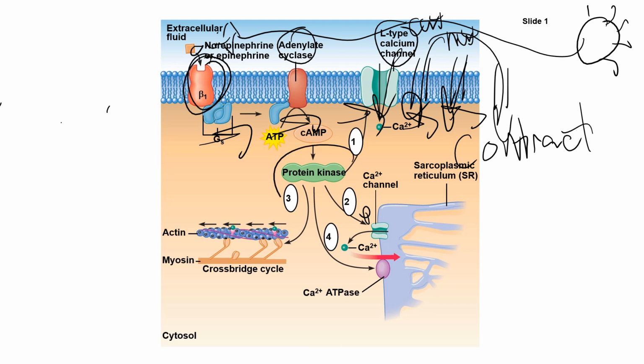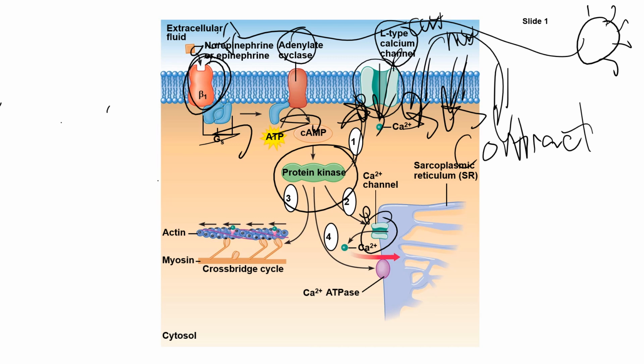Because if PKA phosphorylates and, let's say, causes more voltage-gated calcium channels to be open throughout the plasma membrane than typically would be as the action potential propagates, then more calcium is going to come into the fiber than normal, right? Because you've increased the calcium permeability. And the second thing is, again, it looks like PKA can phosphorylate the ryanodine receptors on the SR, and let's say that it causes more of them to be open or puts them into a more open state than they normally would be, right?